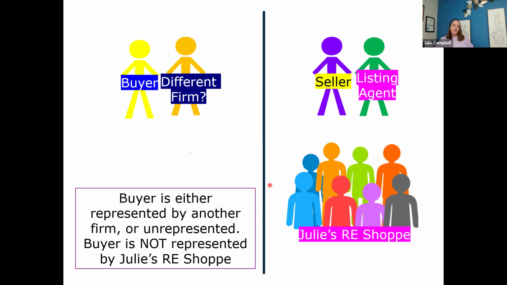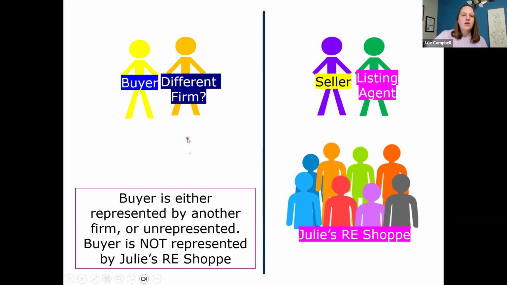The buyer is over here, either unrepresented or represented by another firm. The point here is that they are not represented by Julie's Real Estate Shop. The only people that can hire us are sellers. Single agency, specifically seller agency.